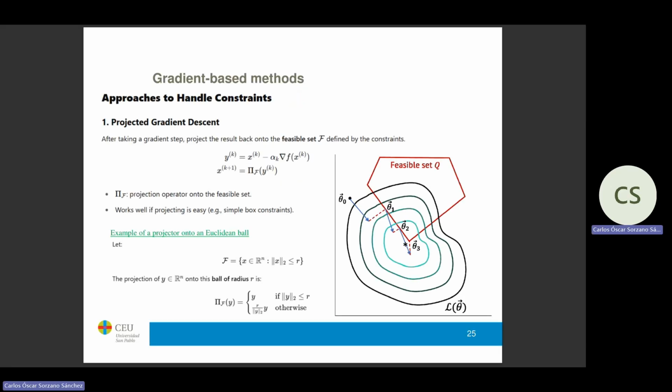So y divided by the norm of y is the direction along the line, and then multiplied by r, it reaches the border of the ball. And that is if you are outside the ball. If you are inside the ball, you don't touch it. So sometimes it is easy to project, some other times it is not that easy.